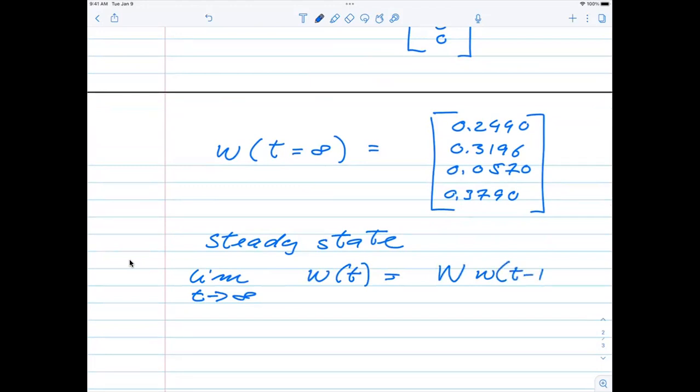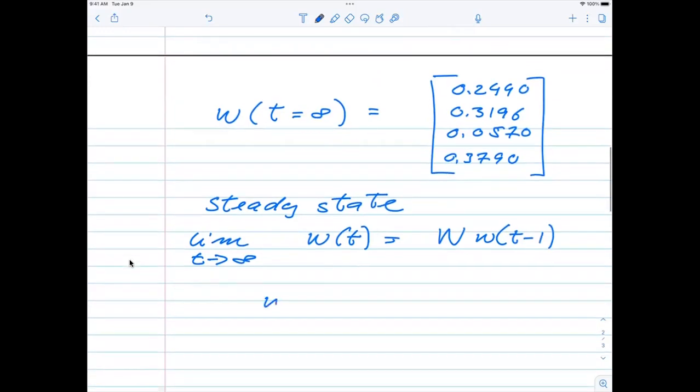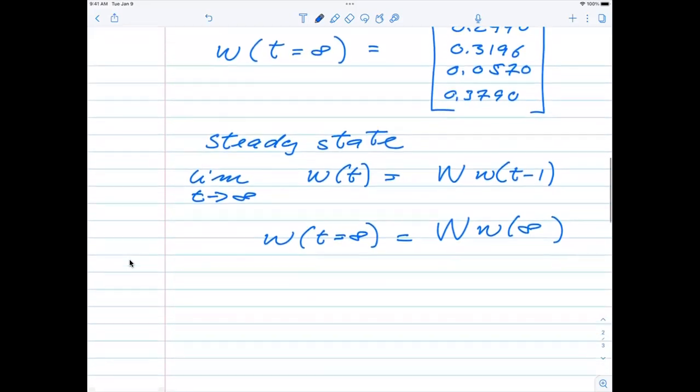So I'm just, instead of writing minus delta t, I just write minus 1. And what we are going to have at the end is w(t equals infinity) equal to this matrix, which is assumed to be time independent, multiplied with the solution at time equal to infinity.